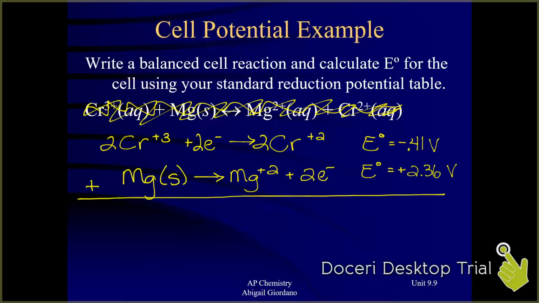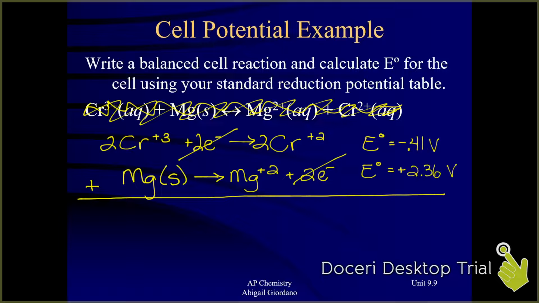However, I am not going to change that potential value. It is going to stay at negative 0.41 volts. Potentials, voltages are not extensive. If you change the amount of reacting material, it has no effect on the amount of voltage. So I'm going to leave that number alone.